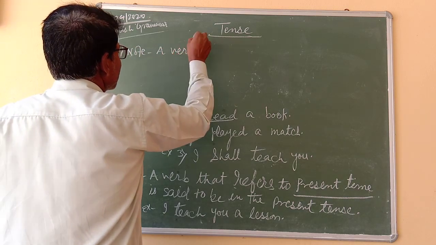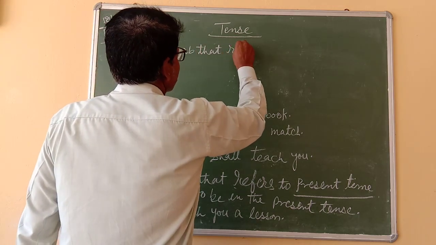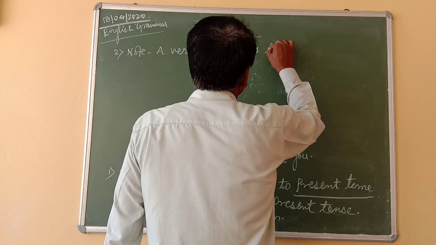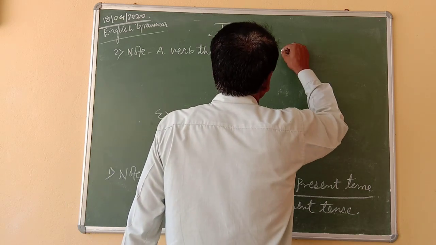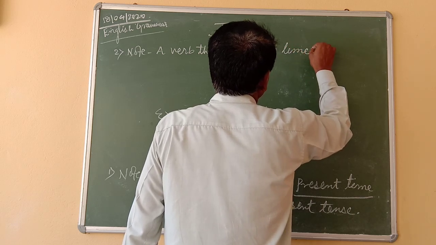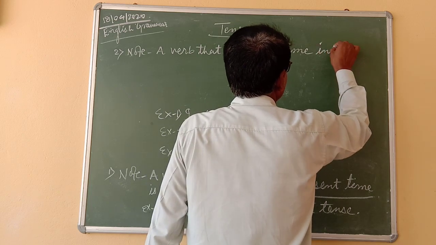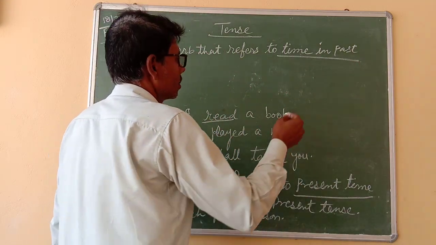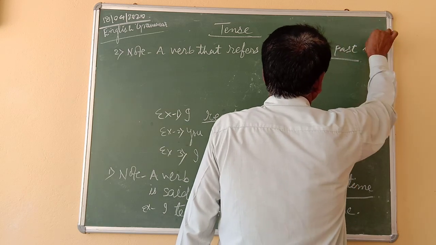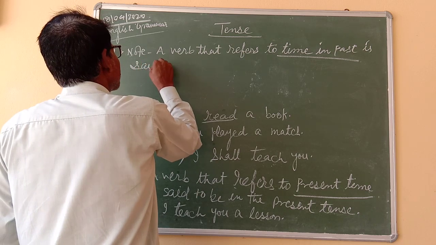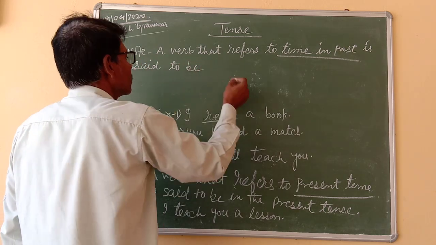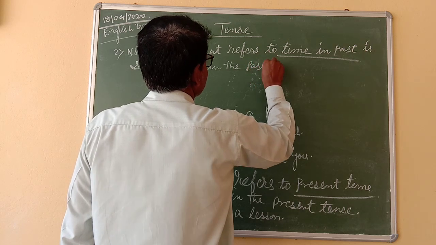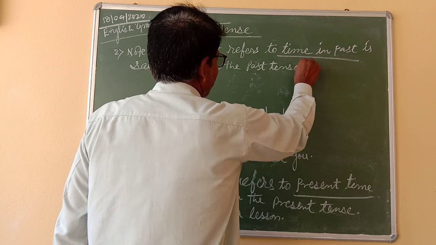Number two: a verb that refers to time in past is said to be in the past tense.